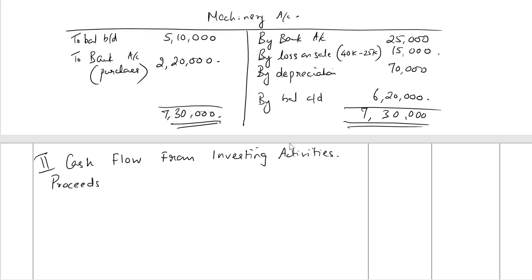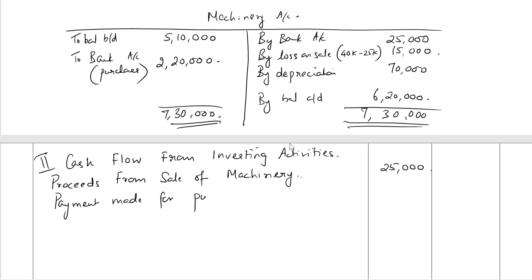Proceeds from sale of machinery. Inflow 25,000 rupees. Payment made for purchase of machinery. Outflow 2,20,000 rupees.